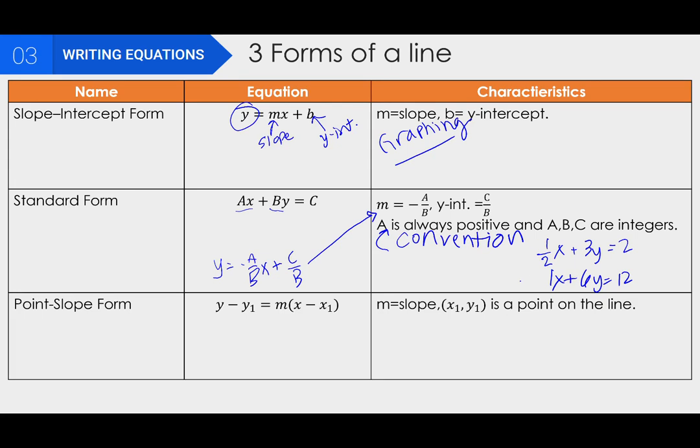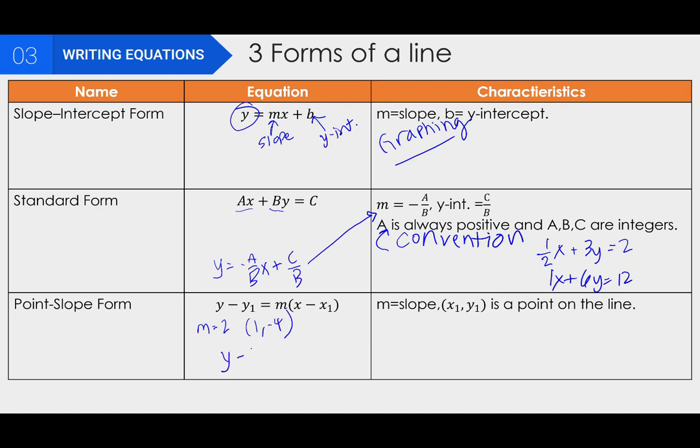Point slope form they use in statistics and sometimes in calculus. This one's really easy to make an equation for because you pretty much just plop things in. So just as an example, if you had the slope as 2 and it goes through the point 1, negative 4, we'll do another example in a minute, but you just plug that in.